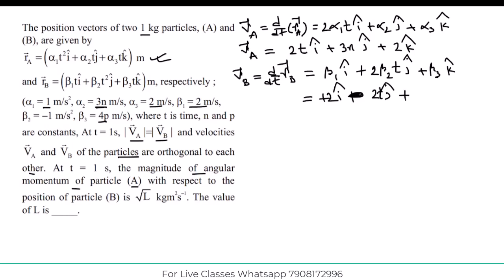Beta 3 is 4p, so 4p k cap. So this is VB. So we get the values of VA and VB.